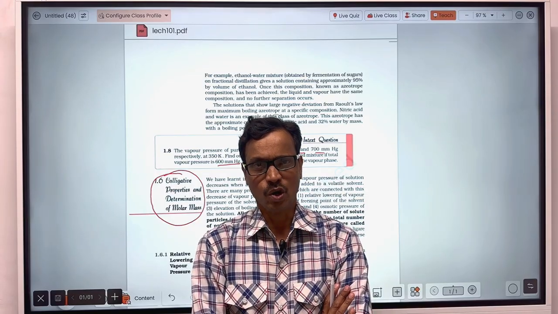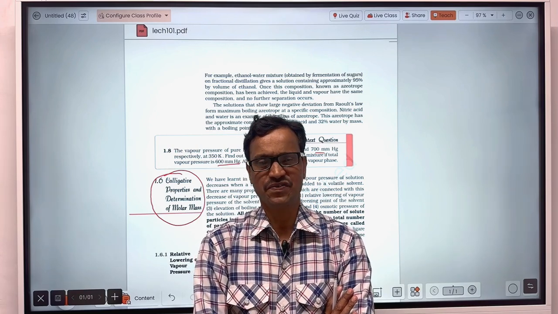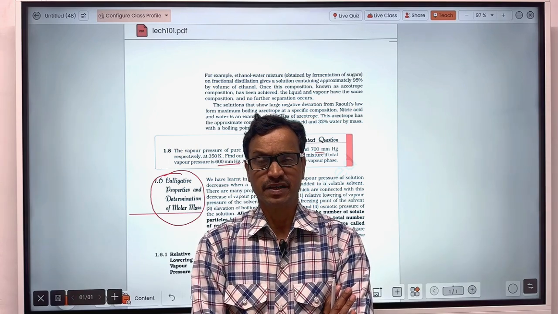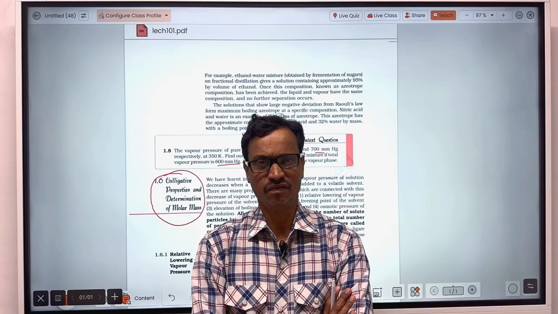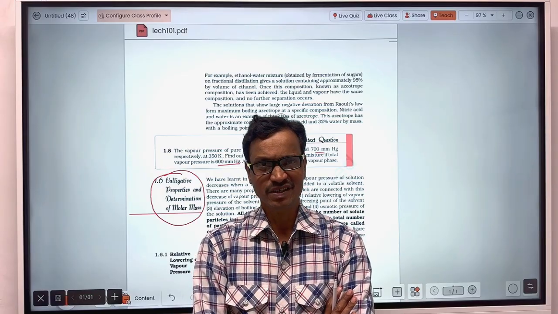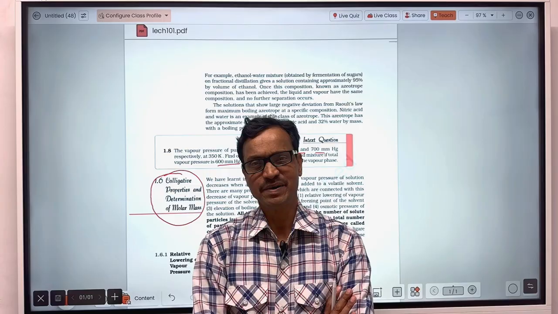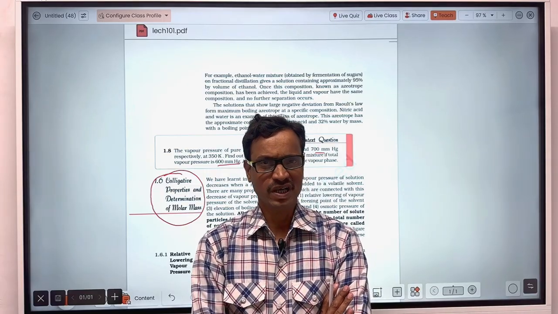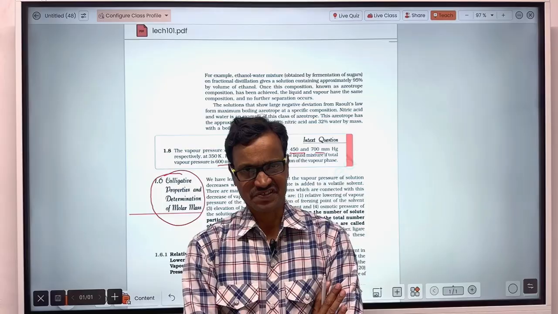Those properties of solution which only depend on the relative number of moles of solute particles and do not depend on the nature of the solute or solvent particles are called colligative properties.